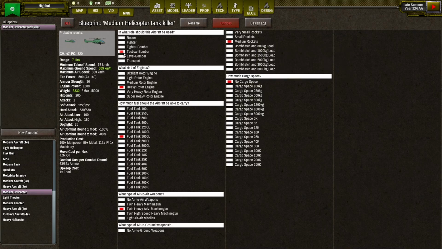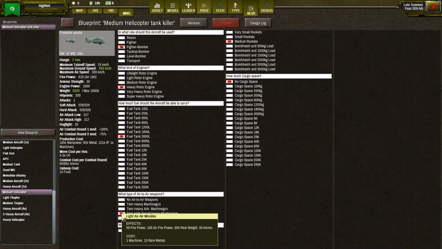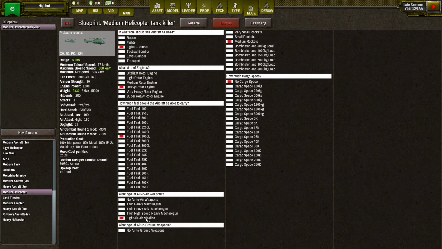In this case the role is tactical bomber, or maybe we could also change it to fighter bomber if we would like to engage with enemy aircraft, because we have dogfight 25, air attack 130, but we can increase it. I developed air-to-air missiles recently, so we can add them, and now we would have 160 attack, and this helicopter could be good against enemy aircraft and against enemy hard targets.